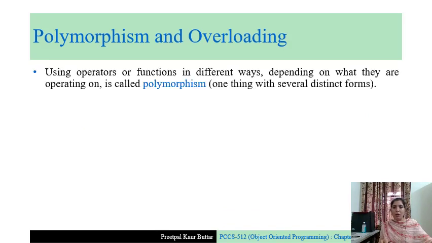So the operators or functions can behave in different ways depending on what they are operating on. This is called polymorphism, one thing with several distinct forms. For example, the plus operator normally operates on the int data type, it can also operate on double, and we are giving it the capability to operate on 2D positions.